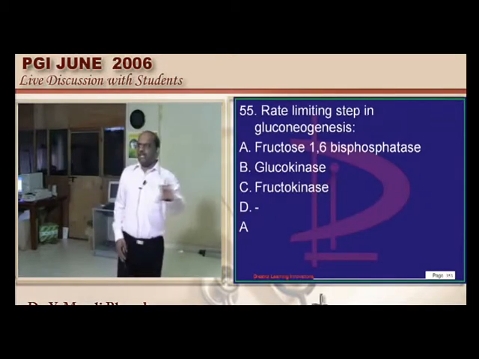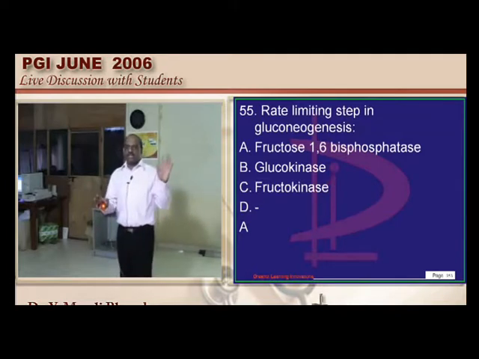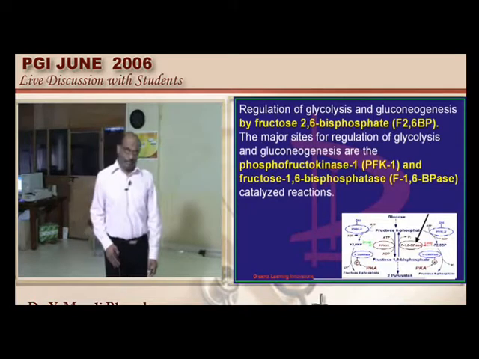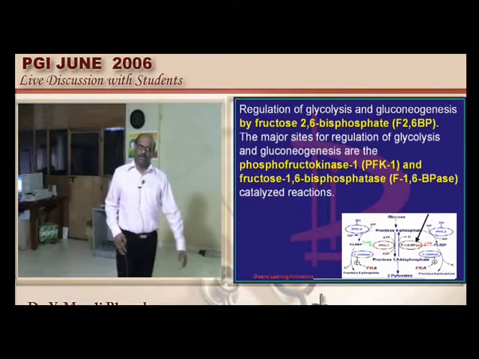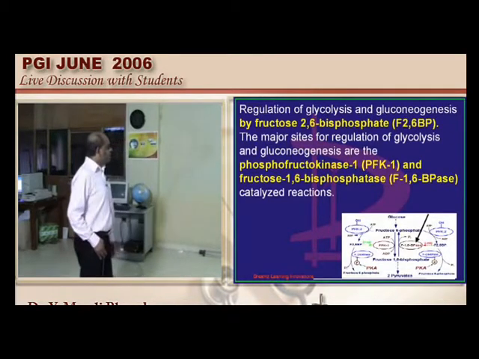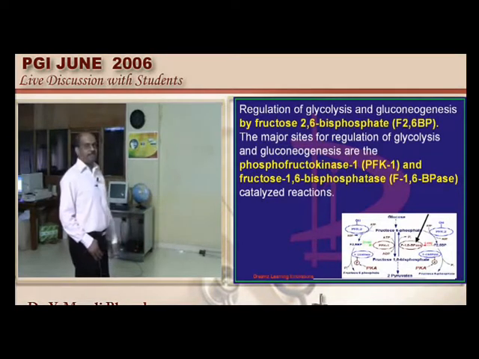In gluconeogenesis and glycolysis, what are the rate limiting enzymes and how is the rate limited? Common topic in the exam, we must be very sure about. So we need to know, doctor, glucose becomes the pyruvate and in that process we call it glycolysis.